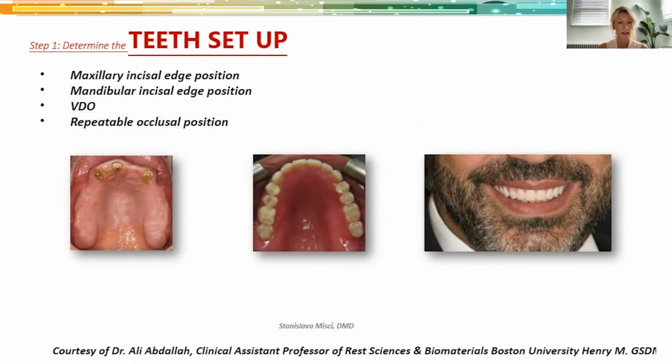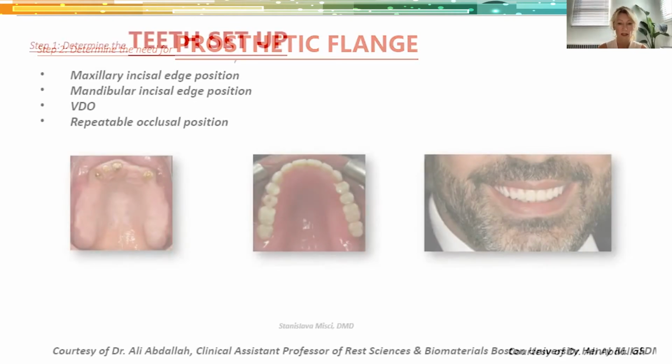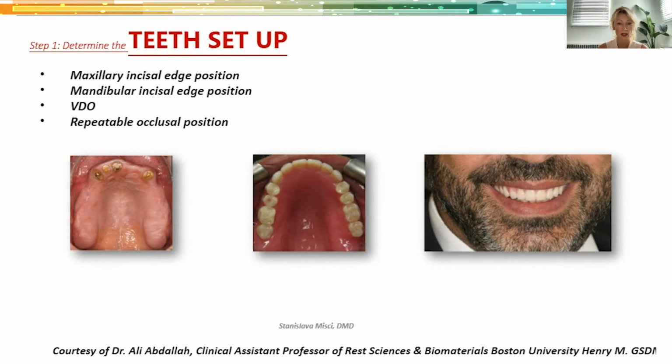Now, for another case, the tooth setup, again, maxillary incisal edge position. This is a patient that presented with existing dentures. After careful evaluation, the position of the teeth was very acceptable. There were a couple of teeth that needed a slight modification. So what we did was we scanned that denture. I'm missing a slide here.